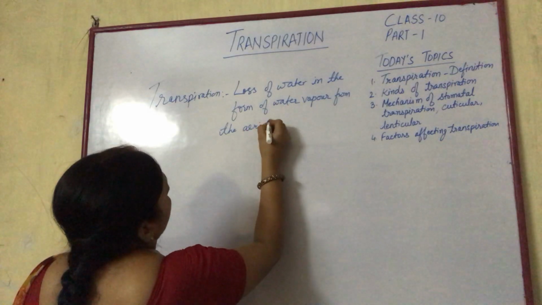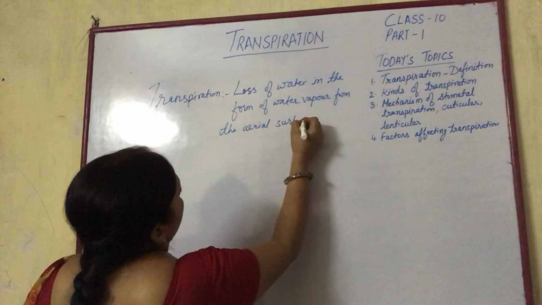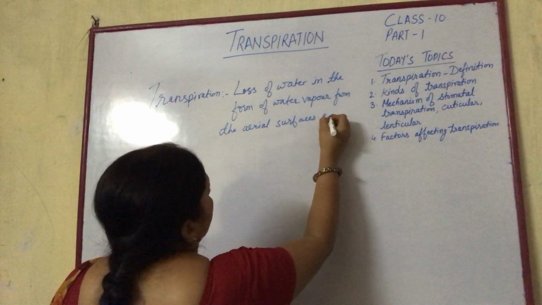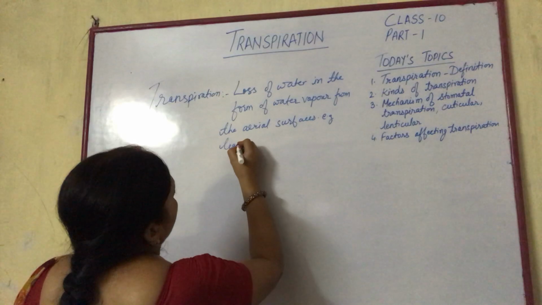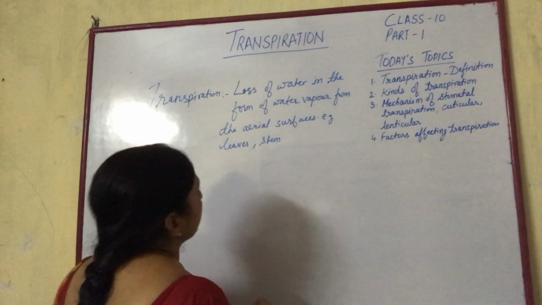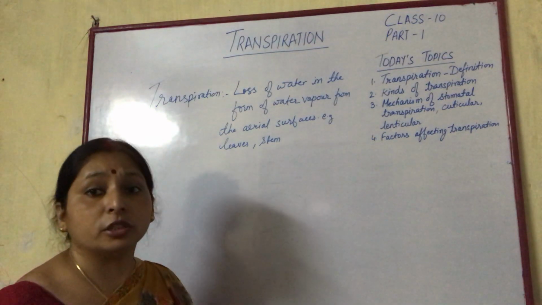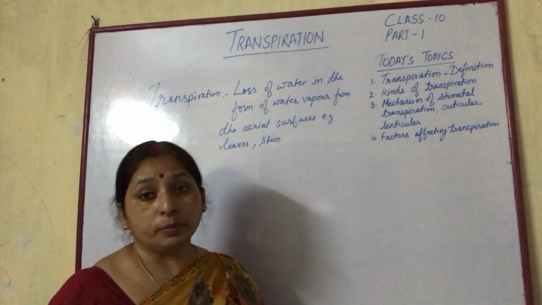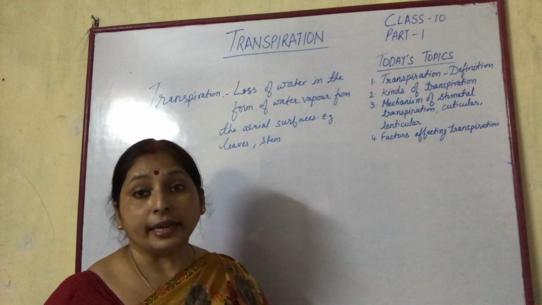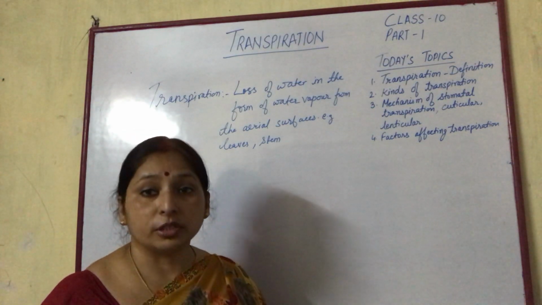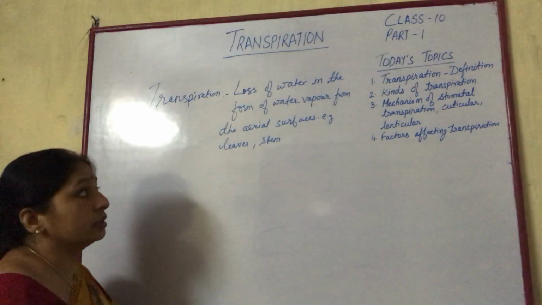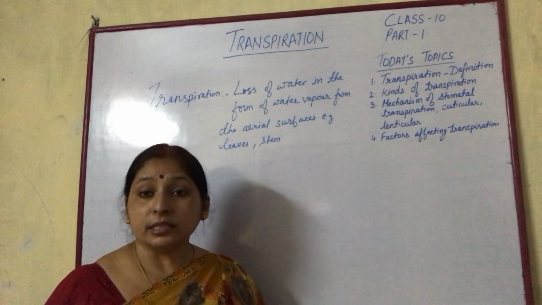These aerial surfaces, for example, are leaves and stem. The aerial or exposed portion of the plant, leaves and stems, which are green in color, and the stomata, the lenticels or the cuticle are present on the stem, leaves or the bark of the plant. So transpiration is the loss of water from the aerial surfaces.